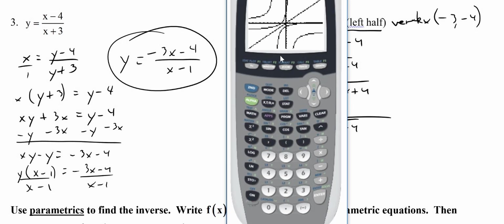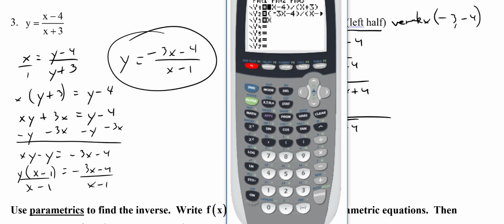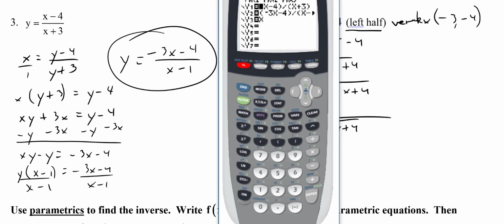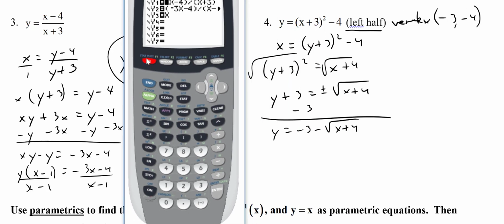Okay, so let me bring up the TI. Let me move this over a little bit. Okay, so we're going to clear that.